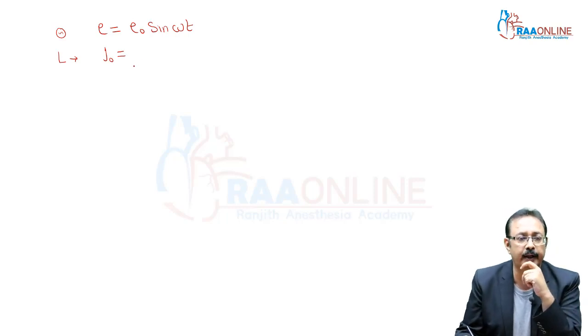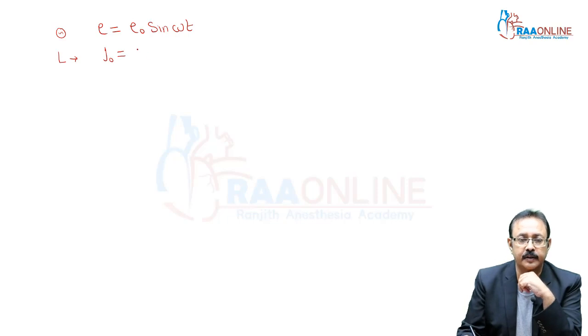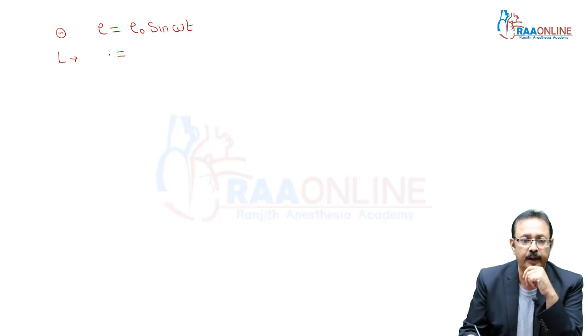So what will you get? In an L circuit you will get I is equal to I naught, it will not move like this, it is at some phase angle, I naught sin omega t minus pi by 2.